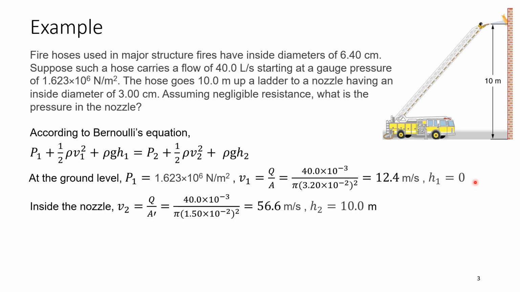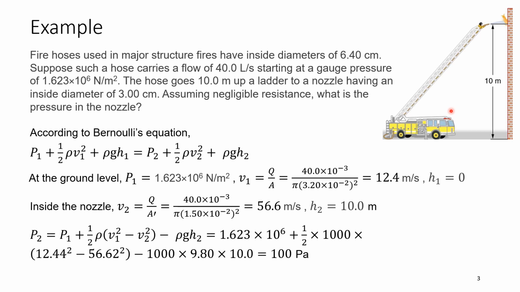Inside the nozzle, the flow Q is the same because the water is incompressible. We have the velocity of water, V2, equals the flow over the nozzle's cross-section area A prime, and we get 56.6 meters per second. The height of the nozzle is 10.0 meters.